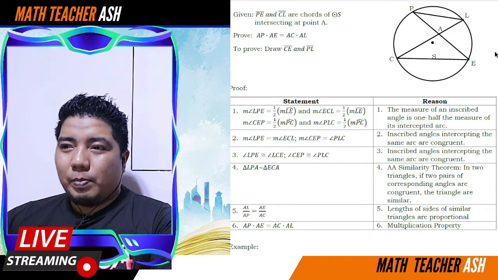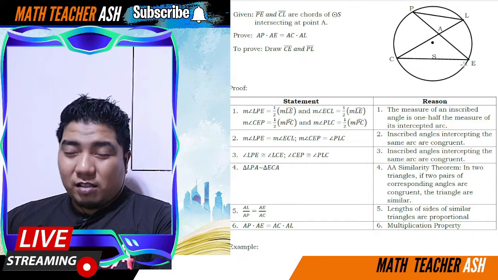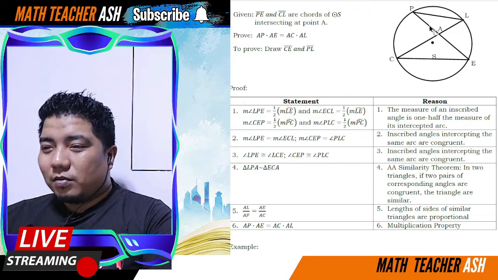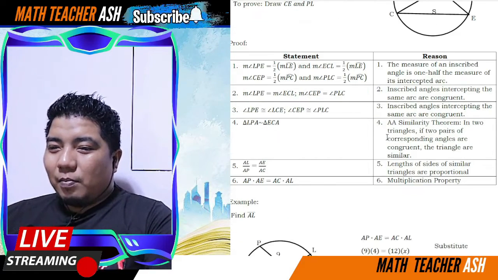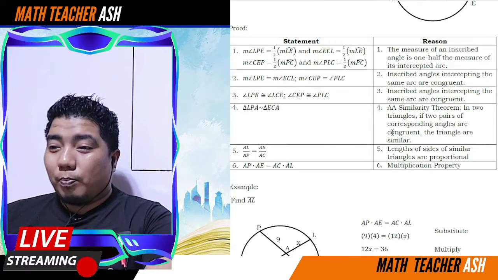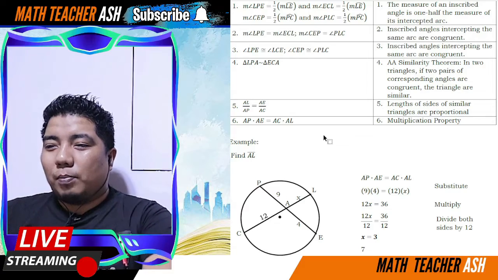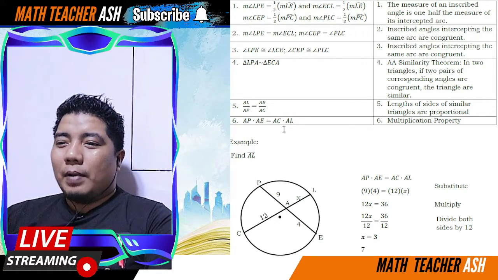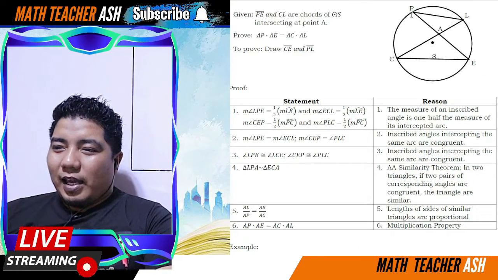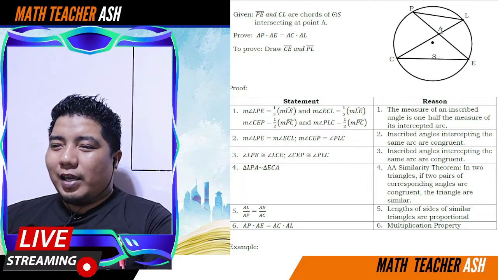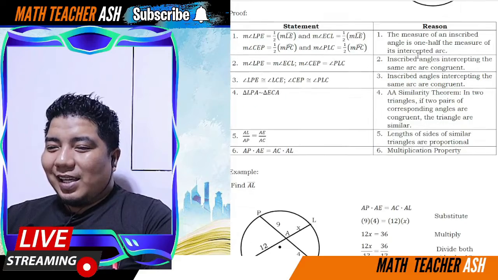So technically speaking, the two chords share something. Okay, so therefore, by the use of ratio and proportion, ayan, by the application of the multiplication property, you can now prove that AP multiplied by AE is just equal to AL multiplied by AC.